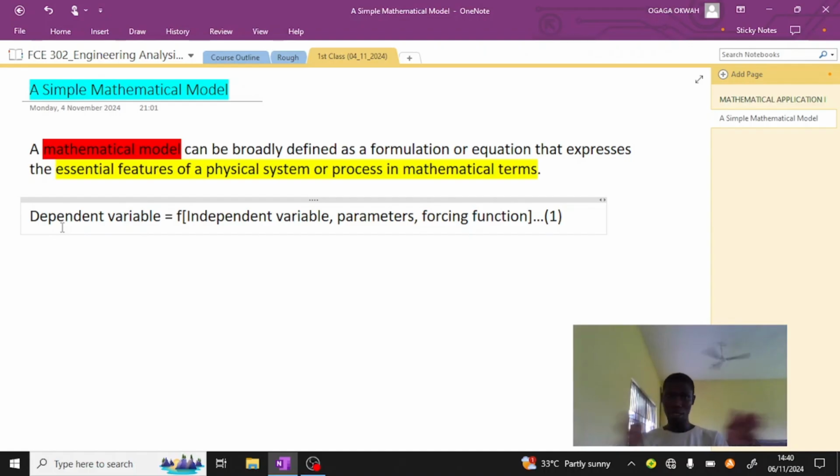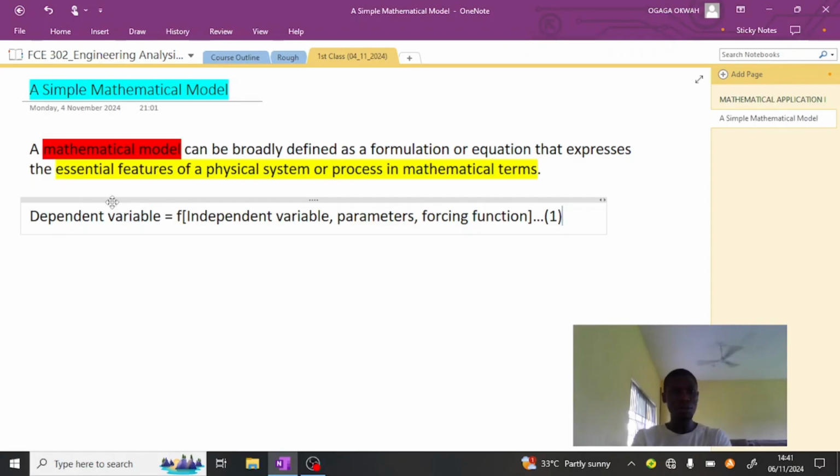Now, I know this equation appears simple and basic, but this expression can range from simple algebraic equations to complex equations with derivatives, things to do with calculus. So what we are doing right now is just showing you the basic form.